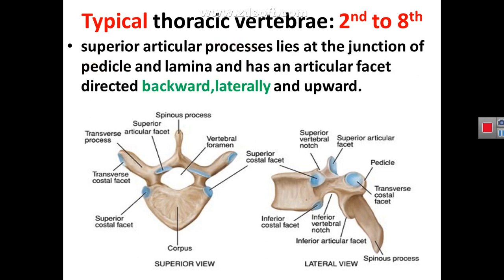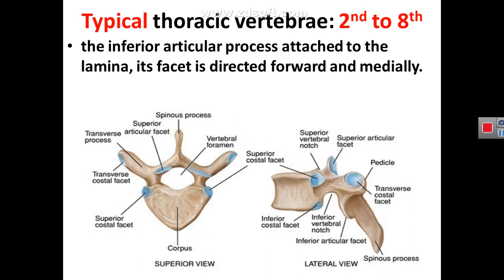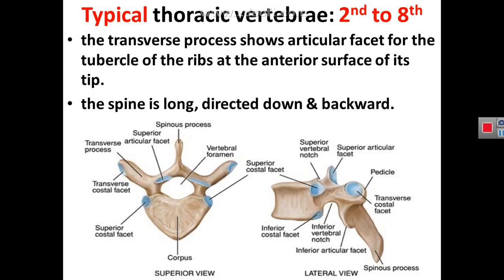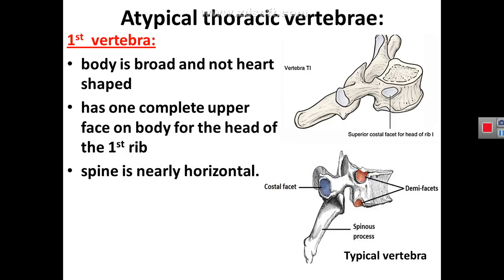The spine of the typical thoracic vertebra is pointed and directed downward, obliquely, and backward. So these are the features of the typical thoracic vertebra, which are vertebrae from number 2 to 8.